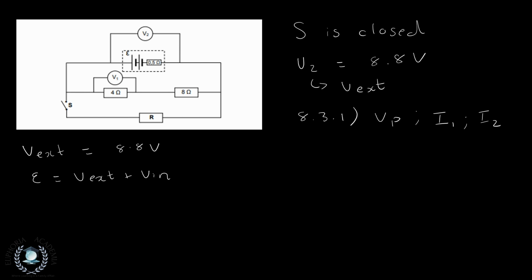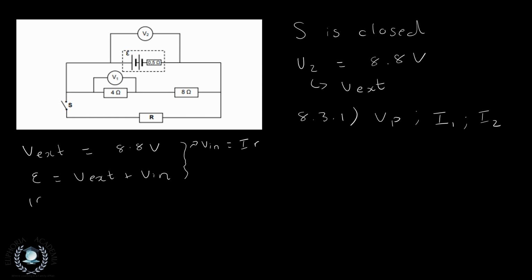Because remember in the earlier analysis we established that our V internal is equal to our current multiplied by our internal resistance. Now our current has changed as well, because now we have a parallel circuit, so things have changed.